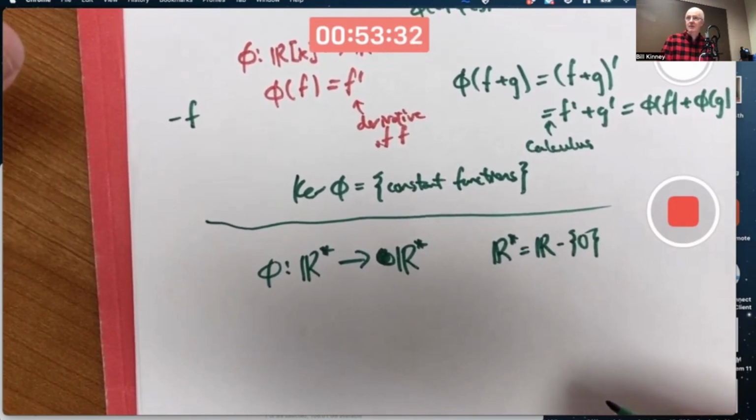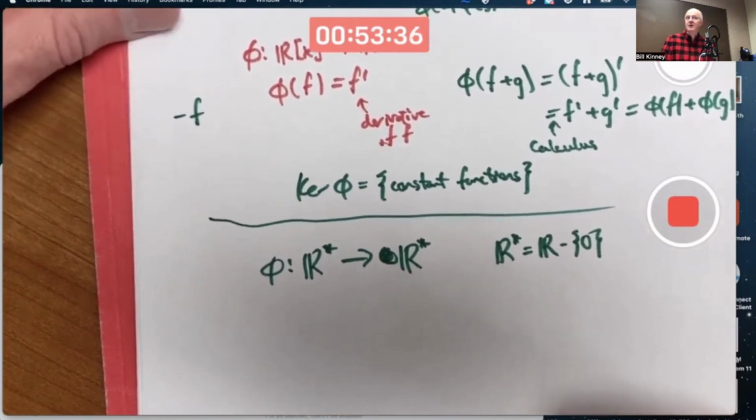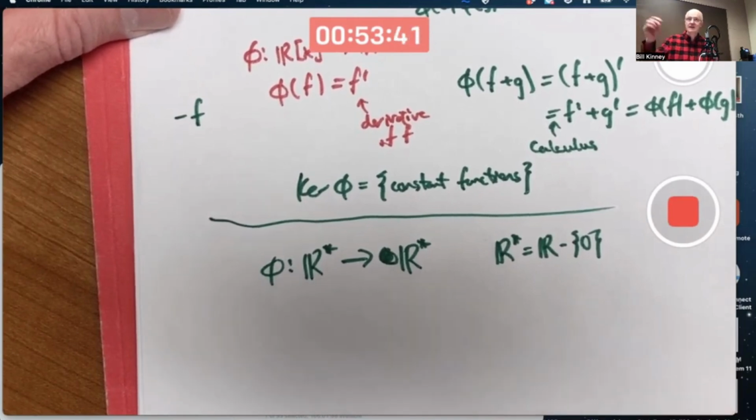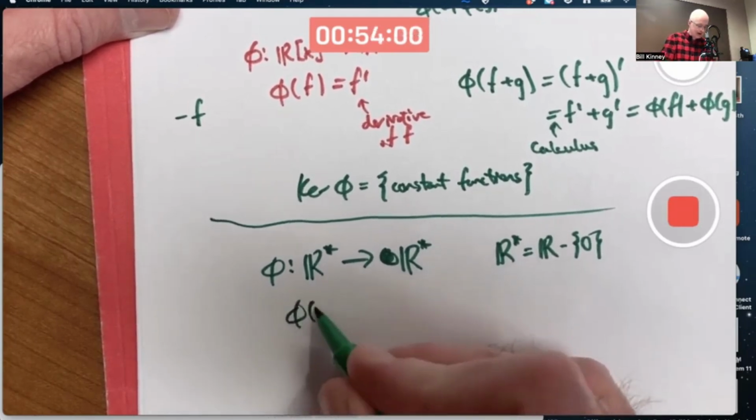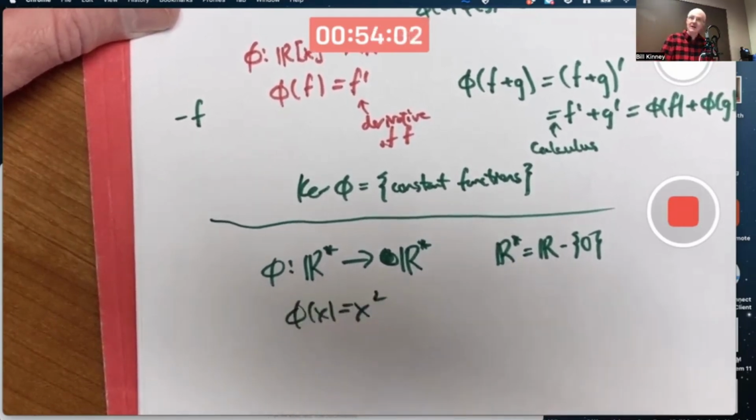The non-zero real numbers, I've said this before, do form a group under multiplication. You have to take out 0 because 0 doesn't have any multiplicative inverse. Can't divide by 0. 1 over 0 is undefined. Once you take out 0, what's left is a group under multiplication. In fact, an infinite abelian group, the identity is 1 because the operation is multiplication. And phi of x equals x squared is a group homomorphism here.